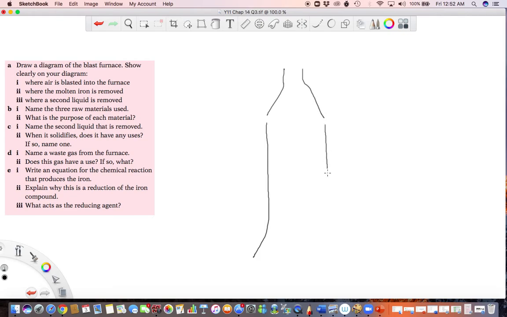So we leave a bit of a gap there. The gap is mainly for movement of waste gases. Okay, that's gone a little too big. It's challenging to draw with this device.